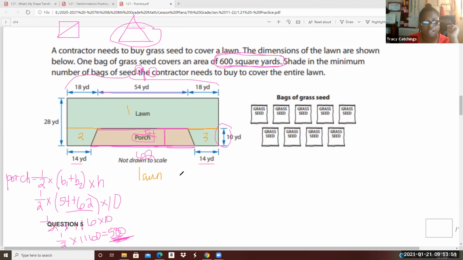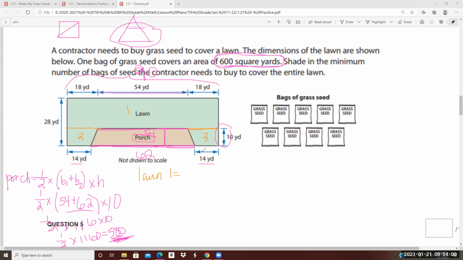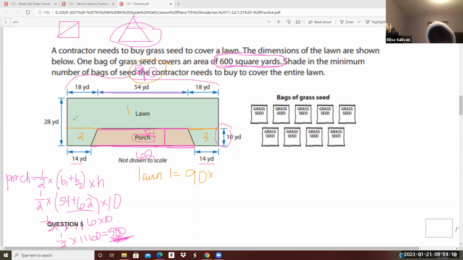So looking at that rectangle, what would be our base and what would be our height? 90, all of it, and 18. It was split right here.